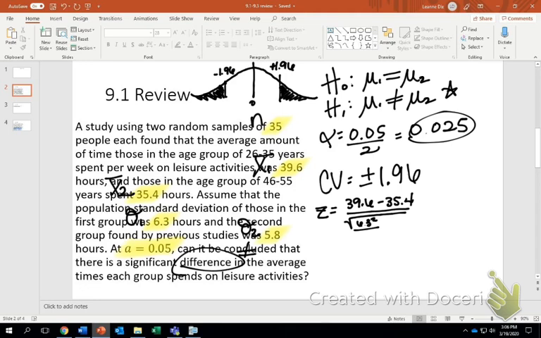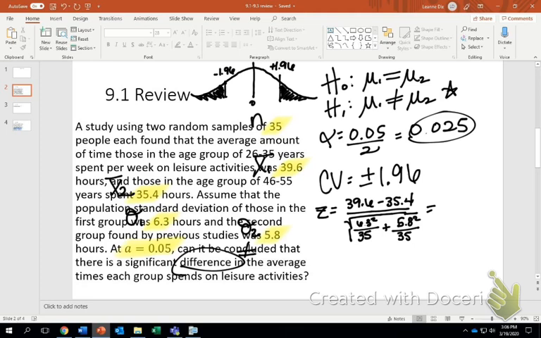Remember, if it's a standard deviation, you have to square it. If it's variance, you can plug it in as is. Over 35, that is our sample size, plus 5.8 squared over 35, okay?